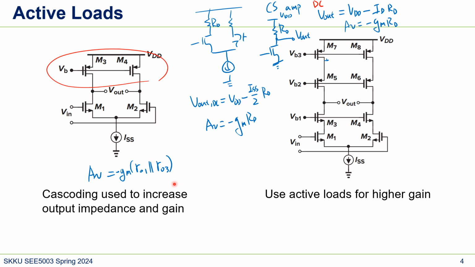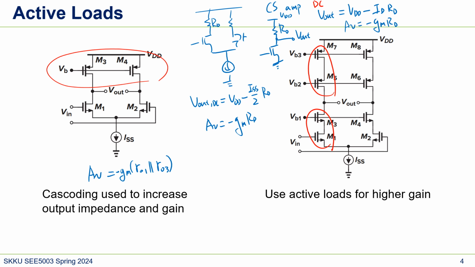And what we can also do is a cascode. We can use a cascode to increase the gain, right? That's here, which is the cascode on this part and this part. In this case, we can amplify the gain, since the cascode amplifies the resistance, so the gain is larger than that.